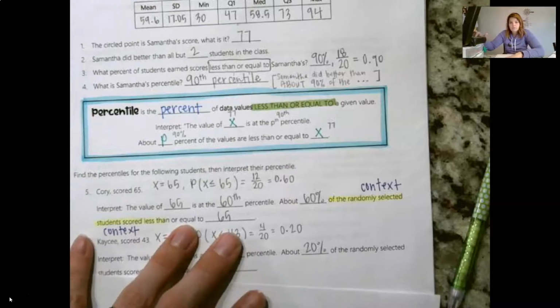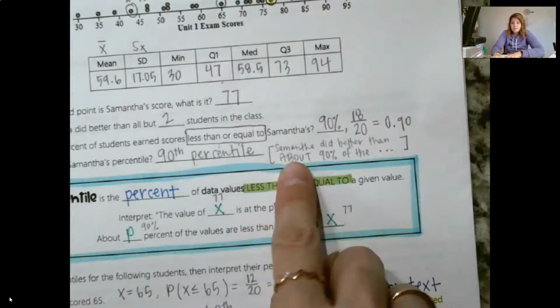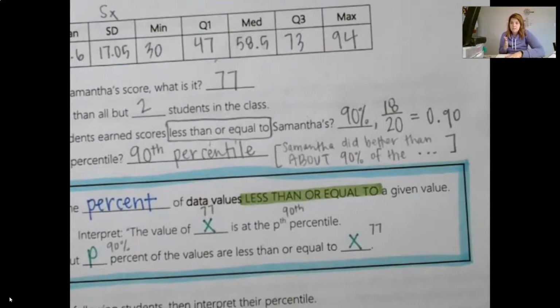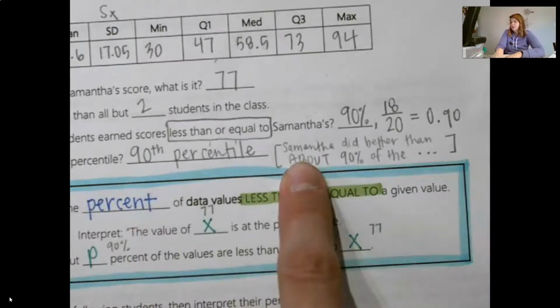I apologize. So we have to say about 90% because it's not exactly 90. Samantha is included in that calculation of 90, and she didn't do better than herself. So we have to use the word about.